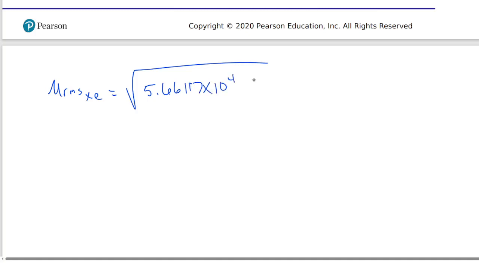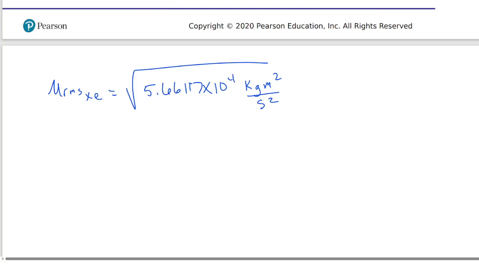All right, and so we're going to convert our units from joules to kilogram meter square per second square. All right, and that is, let me back up a little bit.